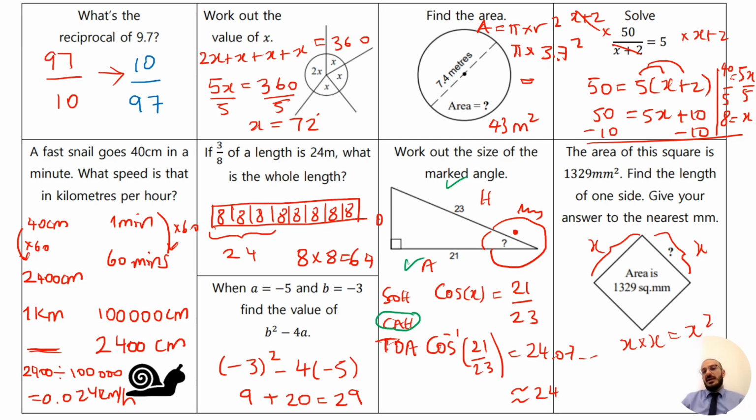So x squared is the same thing as 1,329. So we need to square root both sides to find out what x is. And square root of 1,329 would give me 36. So x is going to be 36 millimeters.